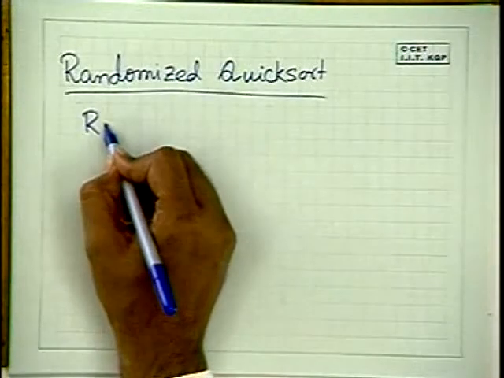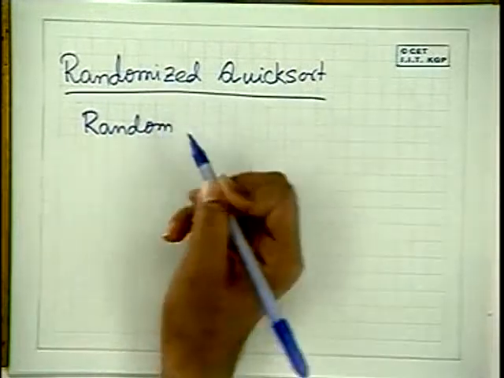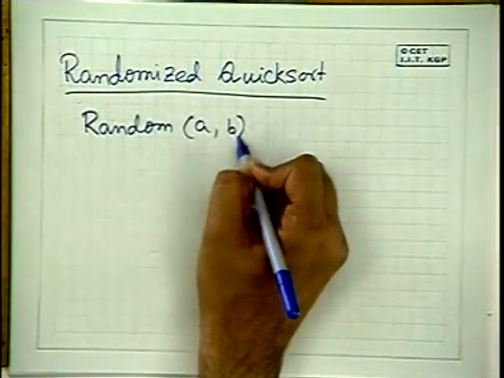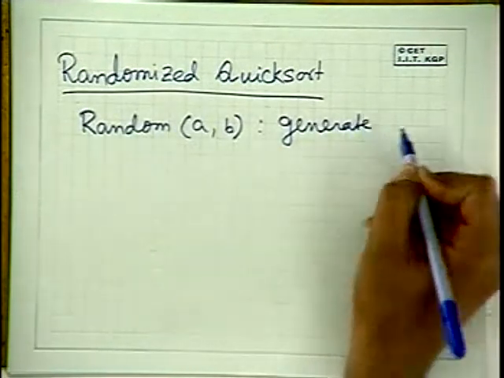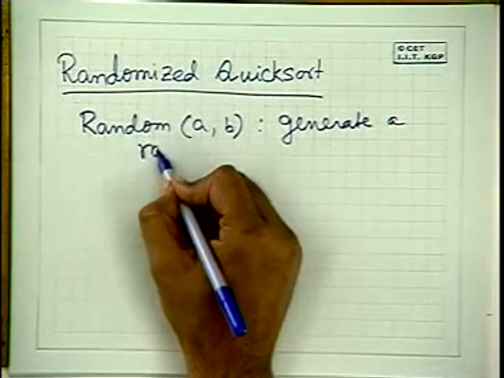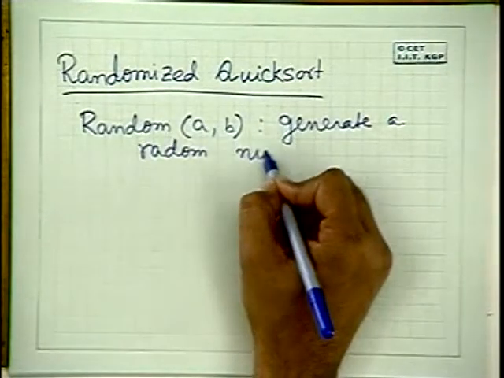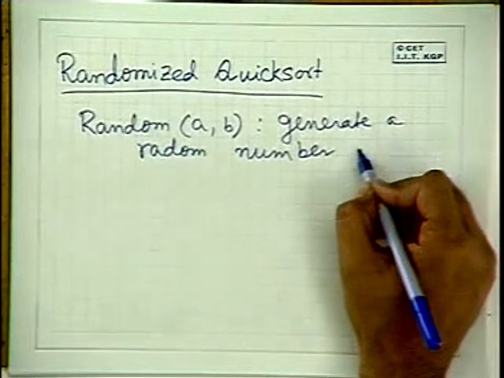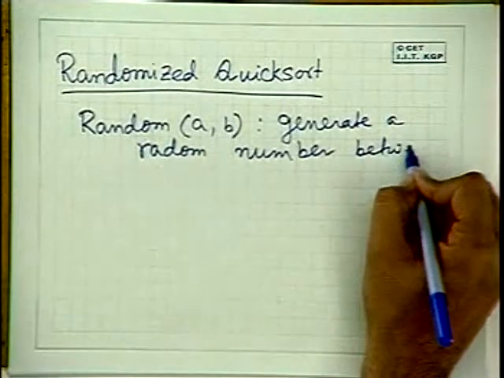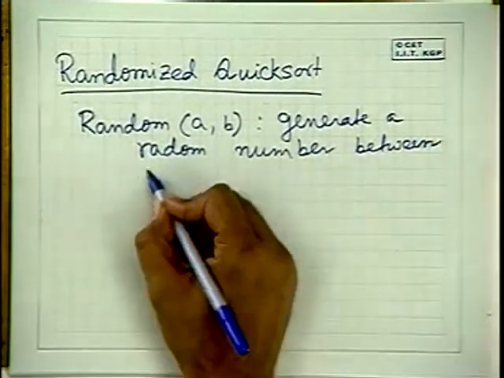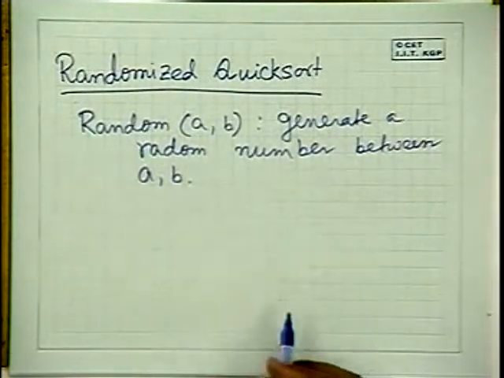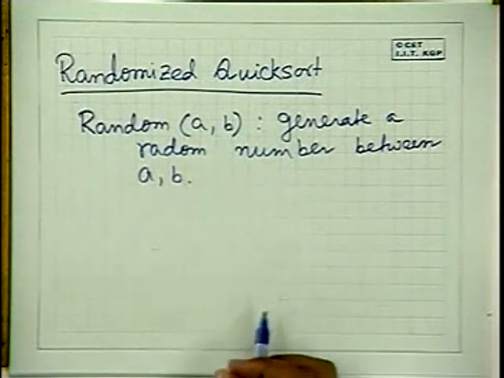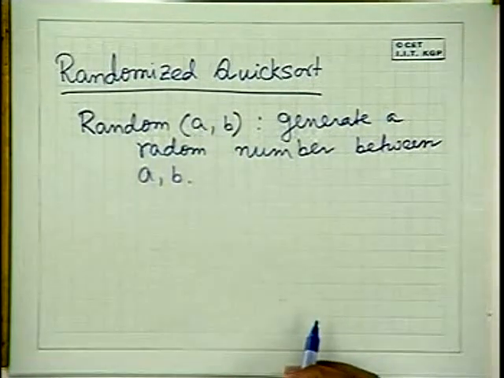Alright. So we will assume that random(A, B) will generate a random number between A and B. That means every integer between A and B inclusive is equally likely to happen with random(A, B).